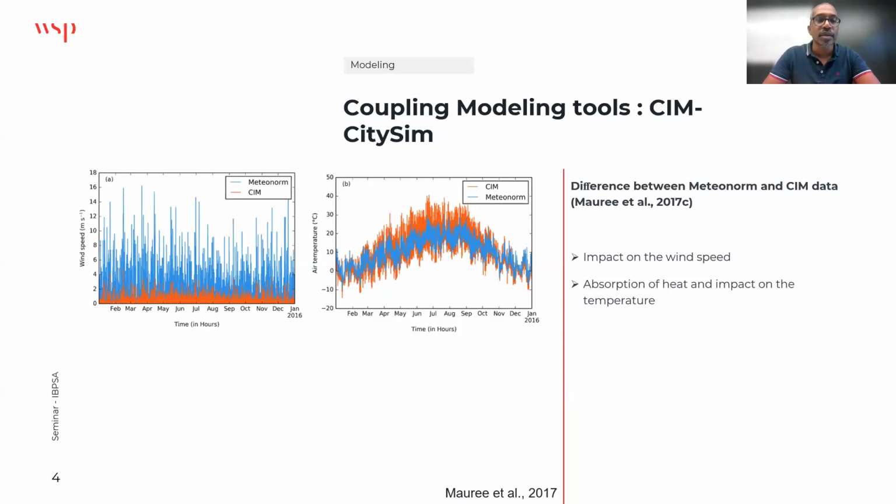The orange one is what we get when we couple the canopy model and CitySim. It takes into account the drastic reduction in the wind speed in urban areas, but also the impact on the air temperature, as you can see with the urban heat island that appears in particular during the summertime.